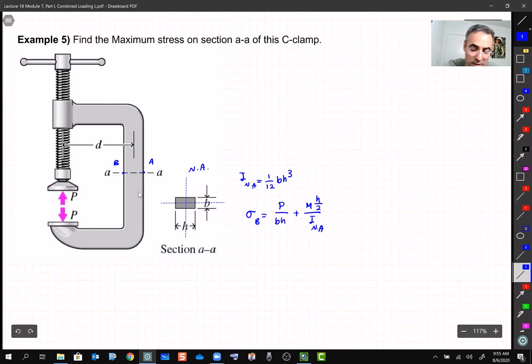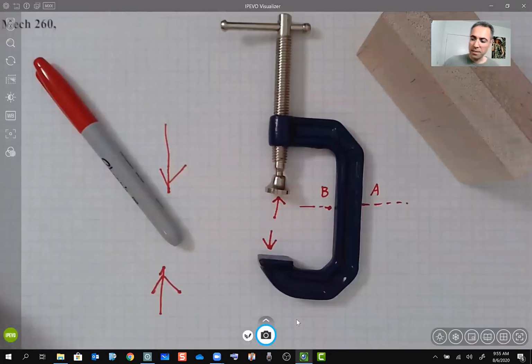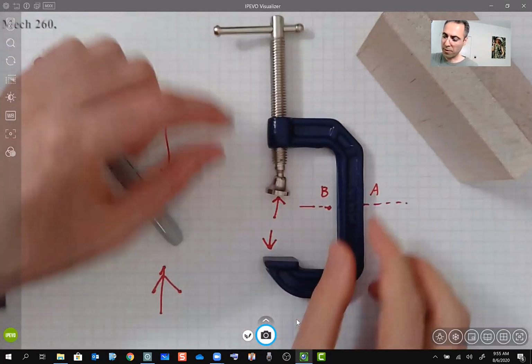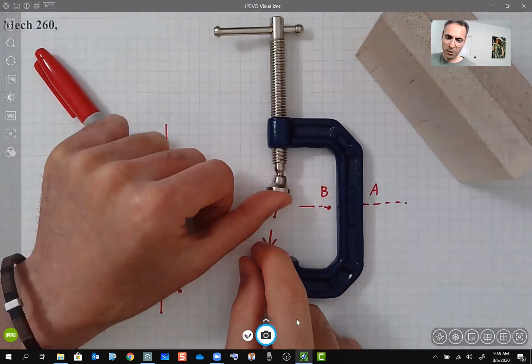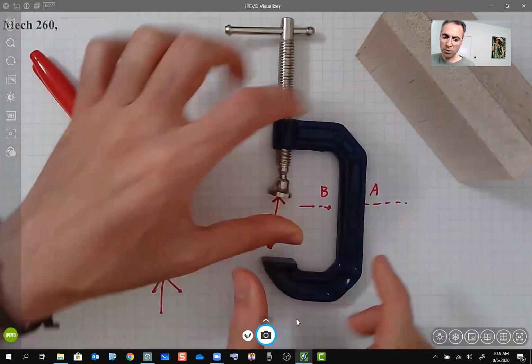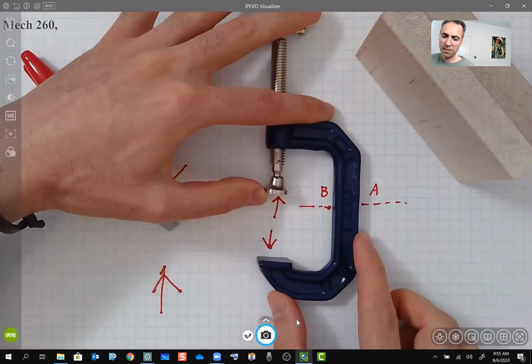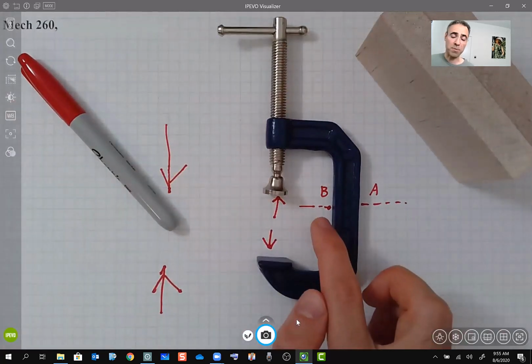But it's not, right? And you saw also in practice, when we return back to that C-clamp again, when you try to tighten something up, in fact, you're applying a load like that one, and this load wants to open up everything. And if this C-clamp is going to break, it's going to be point B, all right?